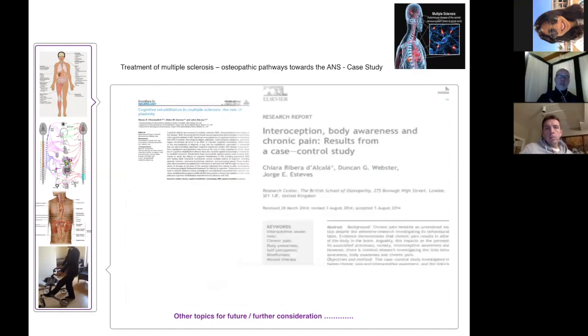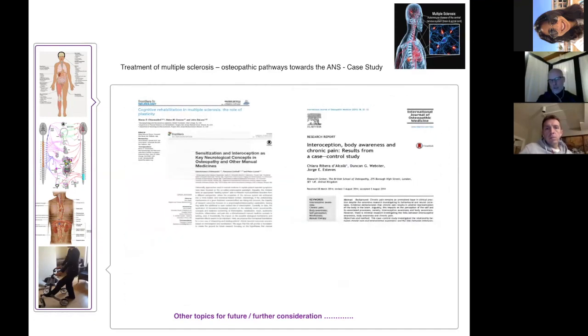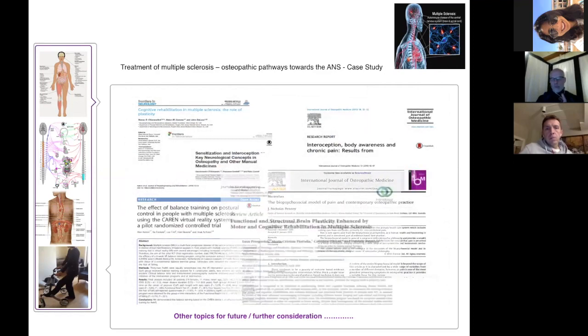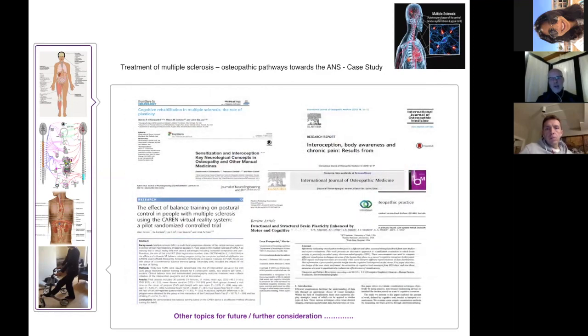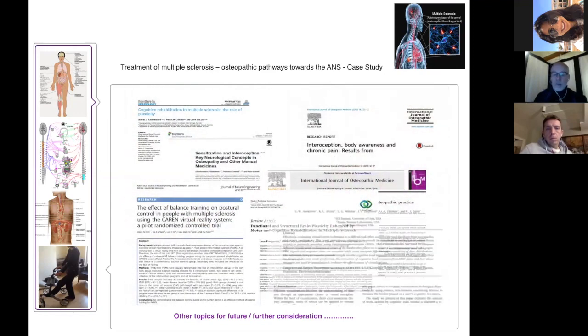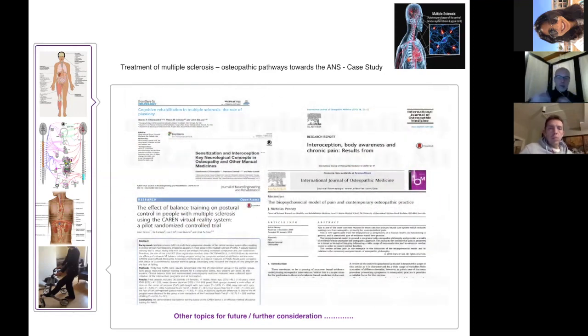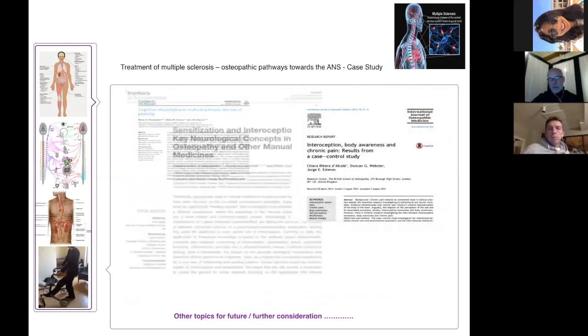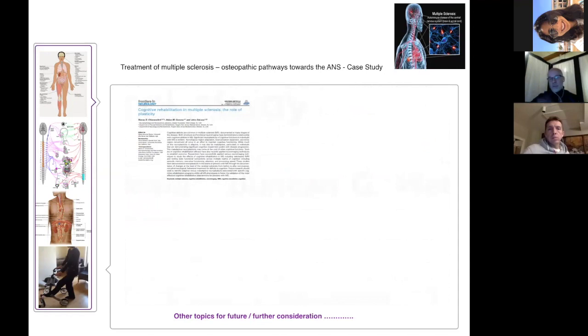I'm also looking into addressing cognitive function, the nature of pain perception, the effect on balance, posture, coordination, and the way in which we can potentially influence neuroplasticity within the brain, but also the autonomic nervous system as well.